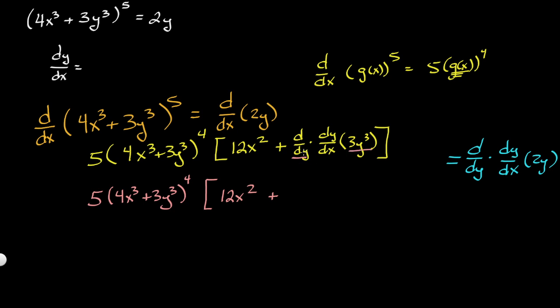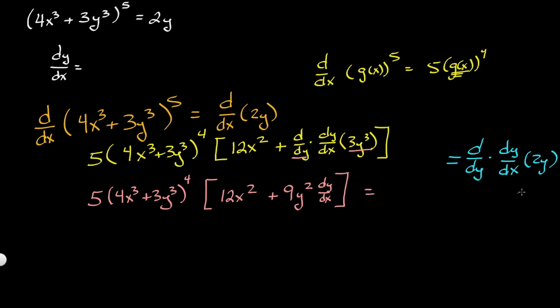So the derivative with respect to y of 3y cubed, 3 times 3 is 9, y, subtract 1 from my exponent, again just using power rule here, is squared. But I still have this dy dx, this rate of change happening at any given point on the graph of this, which is what I'm solving for.